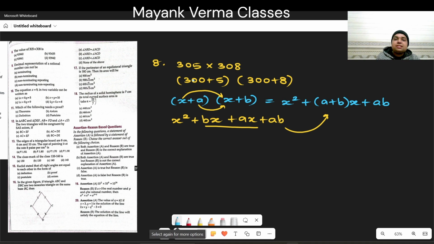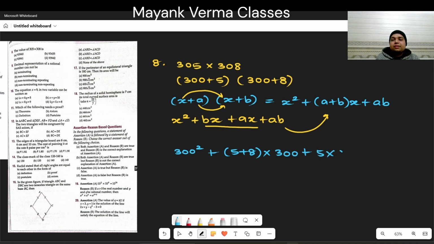So in place of x we will use 300, in place of a 5, and in place of b 8. So that will be 300 square plus (5 plus 8) into 300 plus 5 times 8. So 300 square will be 90000, plus 5 plus 8 will be 13, 13 times 300 will be 3900, and 5 8s are 40.